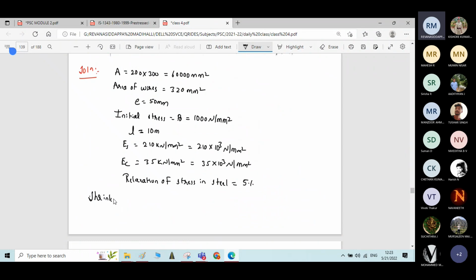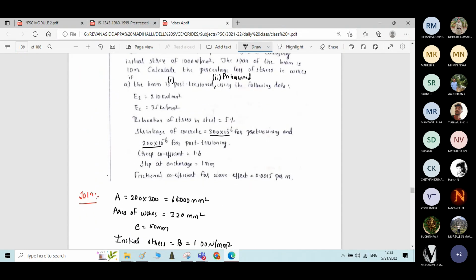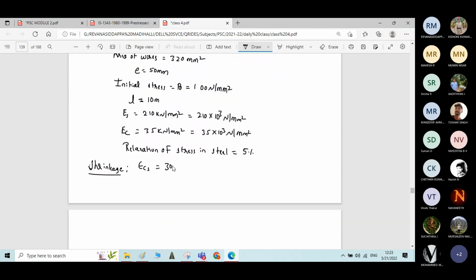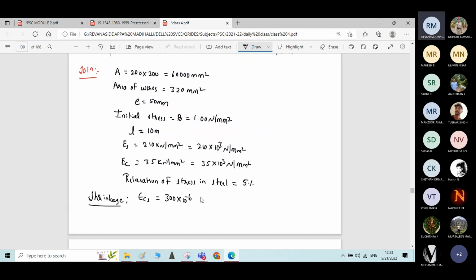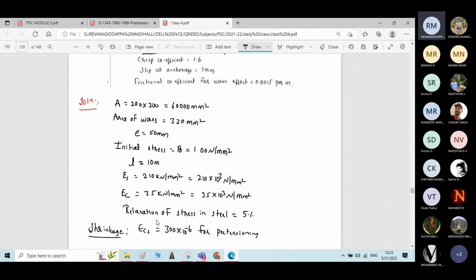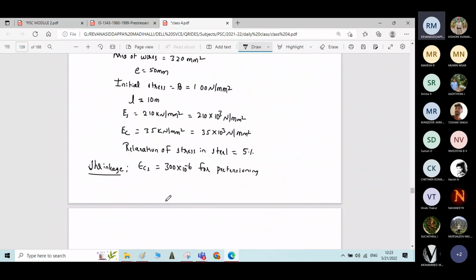With respect to shrinkage stress calculation, the epsilon cs value is 300 into 10 power minus 6 for pre-tensioning, and it is 200 into 10 power minus 6 for post-tensioning.